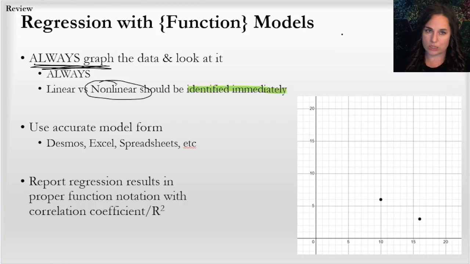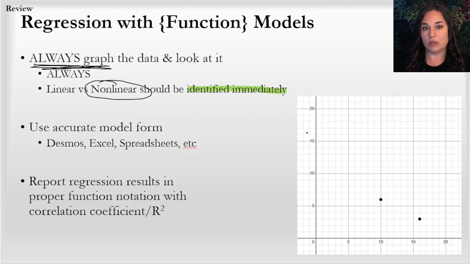We're going to get to those later in the course, but you should be identifying immediately whether this is linear or nonlinear. I give a problem in the lesson for this that has only 2 data points, and it would seem like maybe a linear function with a negative slope would work, but you may be told to use a certain sort of model, and then you can use 2 points.